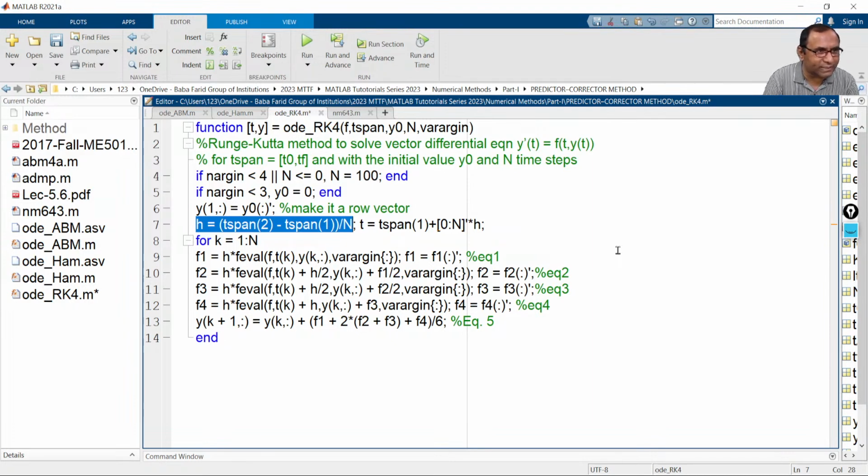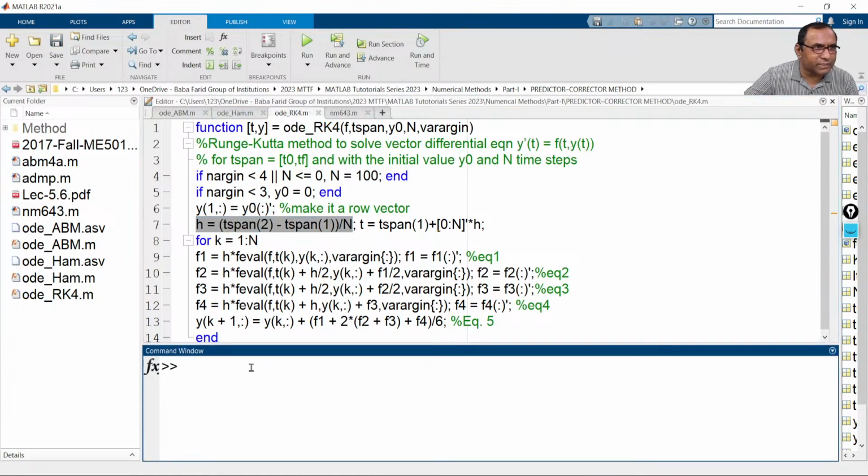If you want to check in the command window, we can do it here. If we have t span equal to this interval, 0 to 10, press enter. Then n is equal to 100.